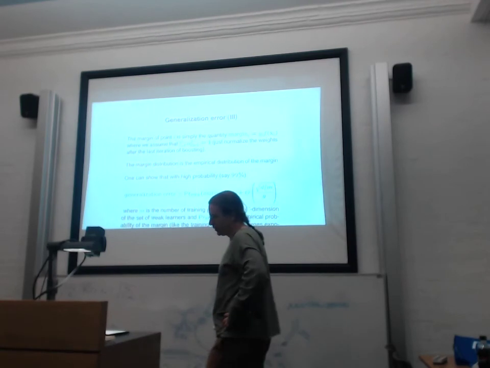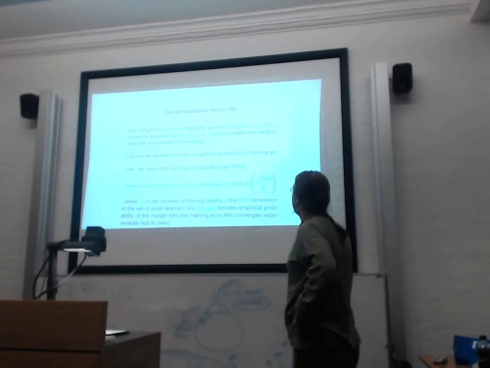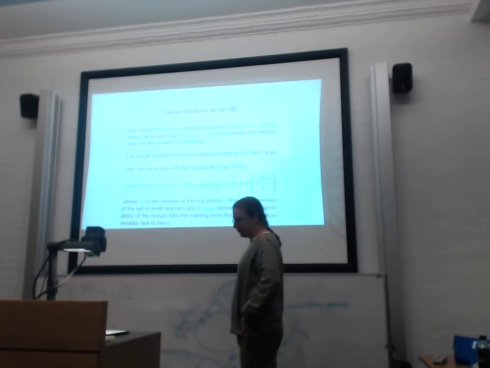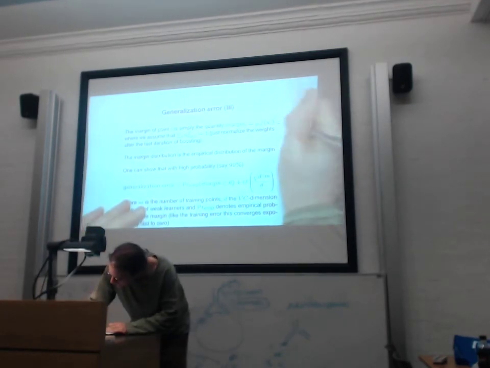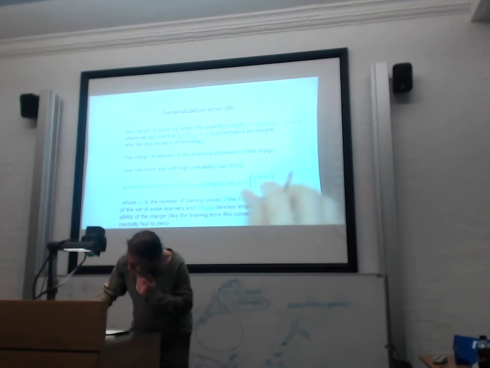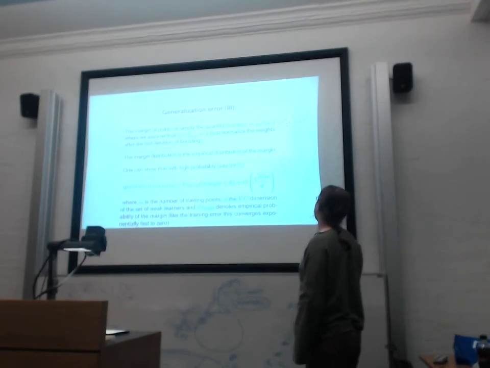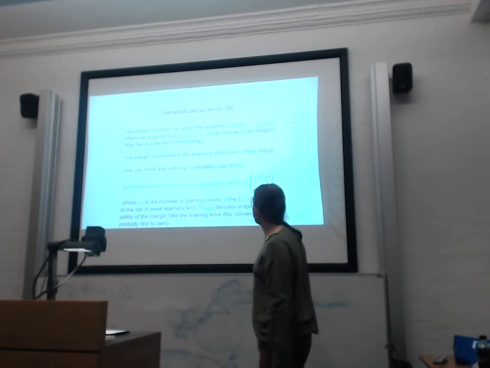So what is the margin? The margin of an individual training point is f of x_i, which is just the sum of alpha_t h_t of x_i. It's outputting a real number, because the alphas are real numbers, even though the h's are outputting ones or minus ones.